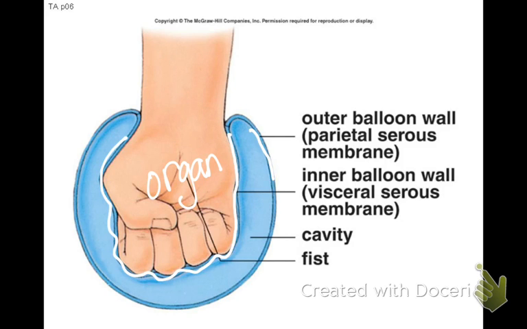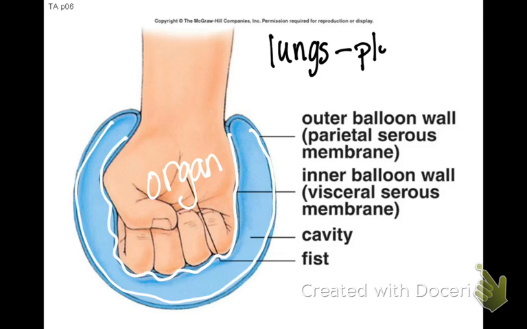And the layer that goes on the outside of the cavity is your parietal layer. So remember, if you're talking about the lung cavities, it's pleura. So you have a visceral pleura and a parietal pleura. And if you're talking about your, I'll say your GI tract, your gastrointestinal tract, it's peritoneal.